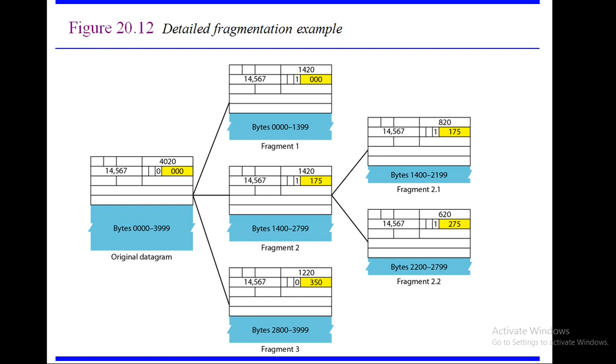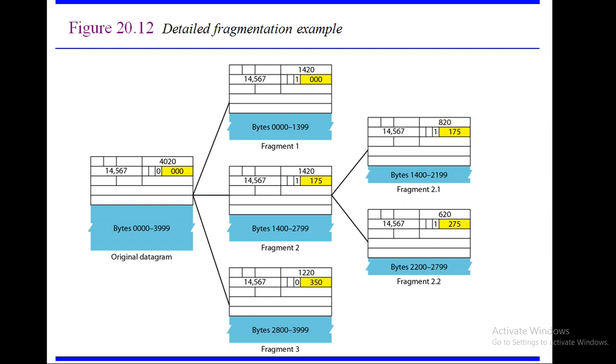Then the total size will be 1400 to 2199, which is 800. 800 plus 20, 820. This is not the last fragment, so M bit is equal to 1. 1400 divided by 8 is again 175, so the offset number is 175.